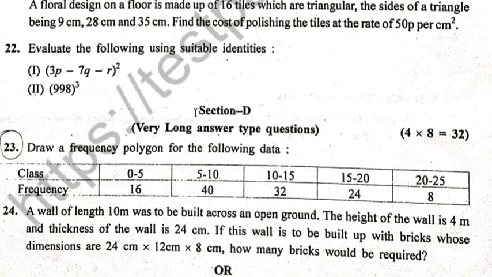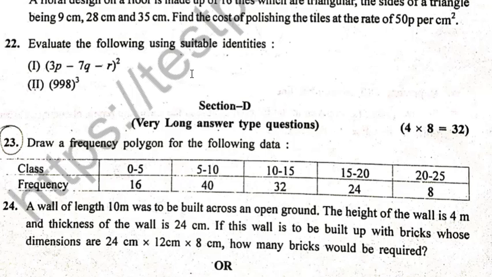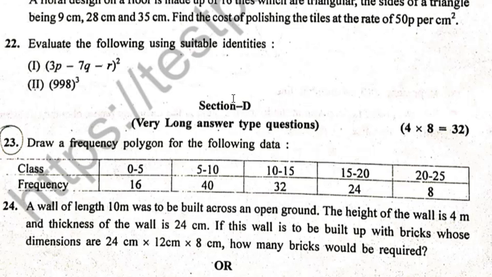Now 22nd question, we have to evaluate the following: 3p minus 7q minus r the whole square.